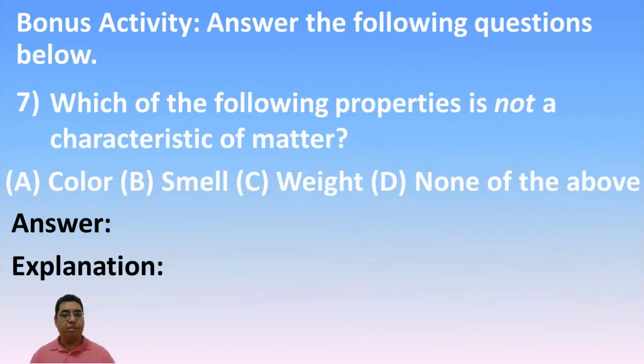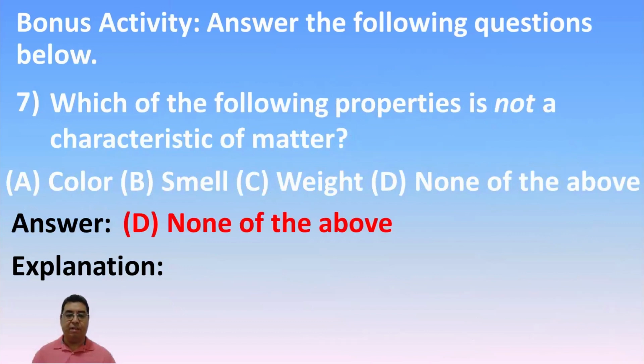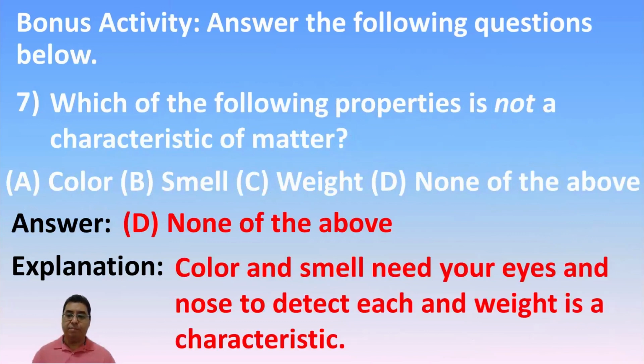Number 7, which of the following properties is not a characteristic of matter? A, color, B, smell, C, weight, or D, none of the above? Answer is D, none of the above. Color and smell need your eyes and nose to detect each, and weight is a characteristic.